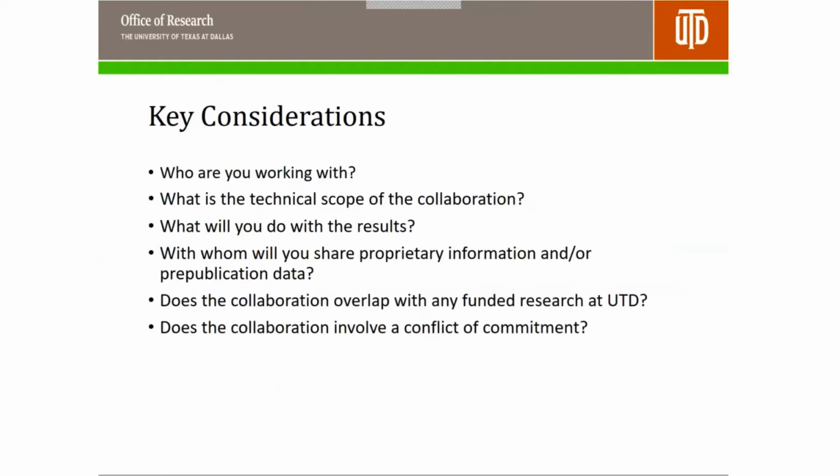So the key considerations that I would recommend researchers ask before engaging in an international collaboration is, who am I working with? Do I see any red flags in terms of the entities or the organizations that they're employed by, or that they work with, or that they're funded by?